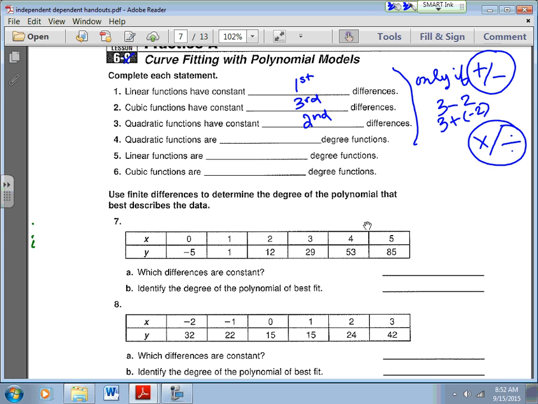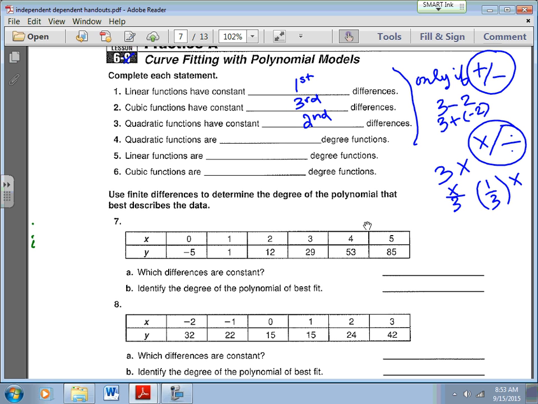It's just multiplication of a fraction. So for example, 3 times x and x divided by 3. X divided by 3 is still a multiplication of a fraction times x. Okay? So just keep that in mind. These are the only 4 things that we're going to work with. Okay?